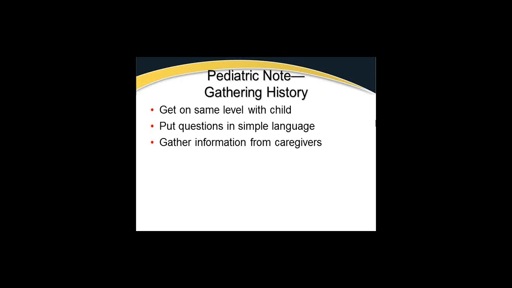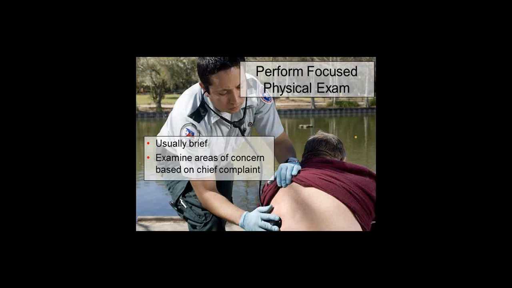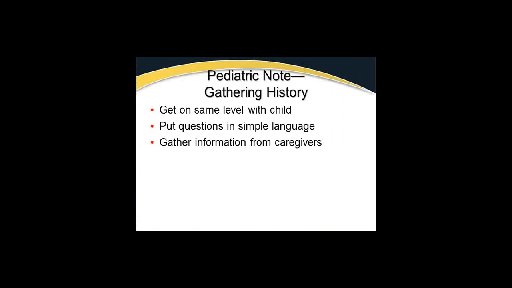Pediatric note: get on the same level with the child. If you're gathering a history, obviously it will have to be age appropriate. You can't ask a 2-year-old what kind of medications they're on. In fact, there are probably a lot of 9-, 10-, 11-year-olds we can't ask that. So get on that same level with the child. Put your questions into simple language. Don't baby talk them, but use words that everyone is capable of understanding.